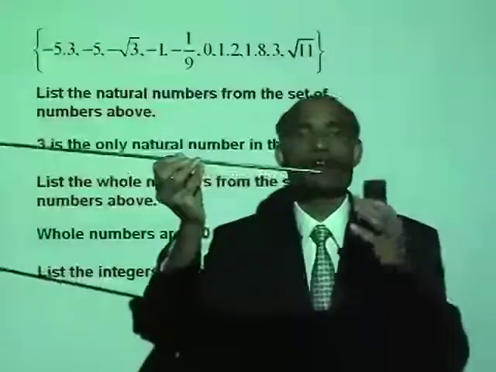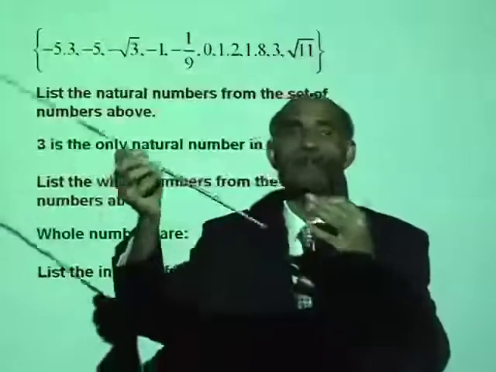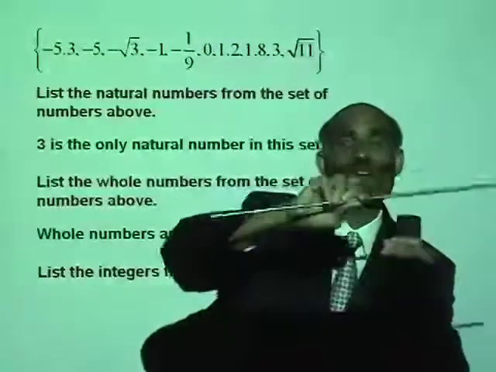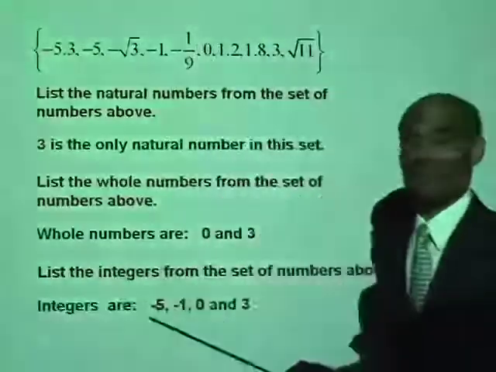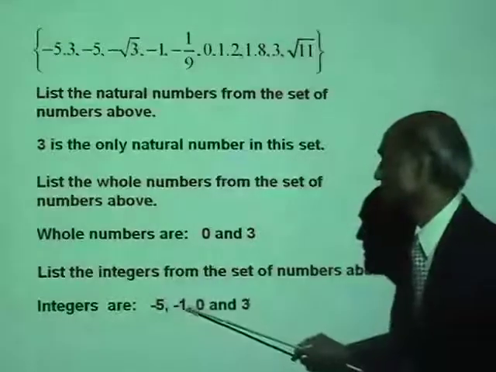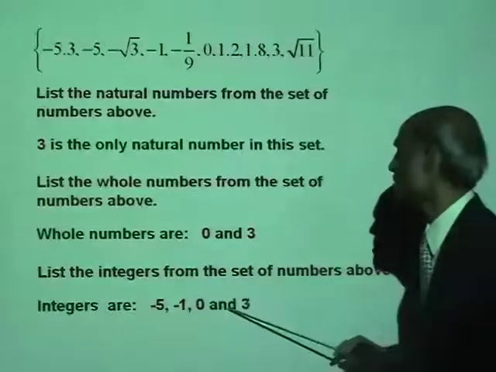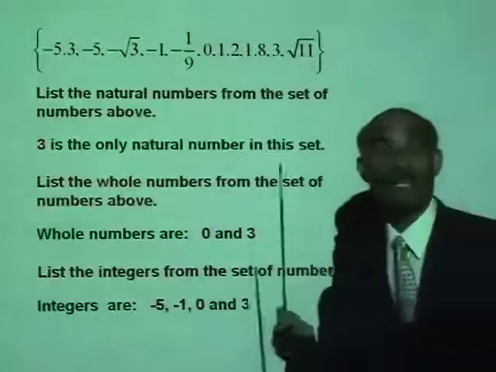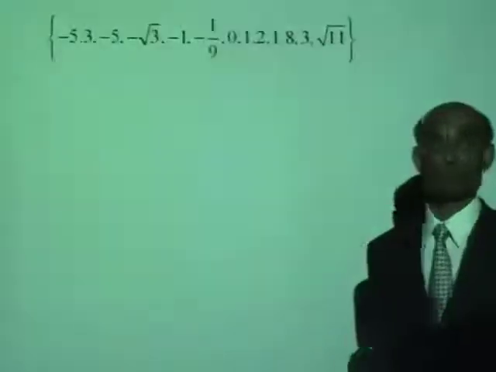An integer contains all natural numbers, the opposites, and then 0. So -5, -1, 0, and 3 are the integers in that set.